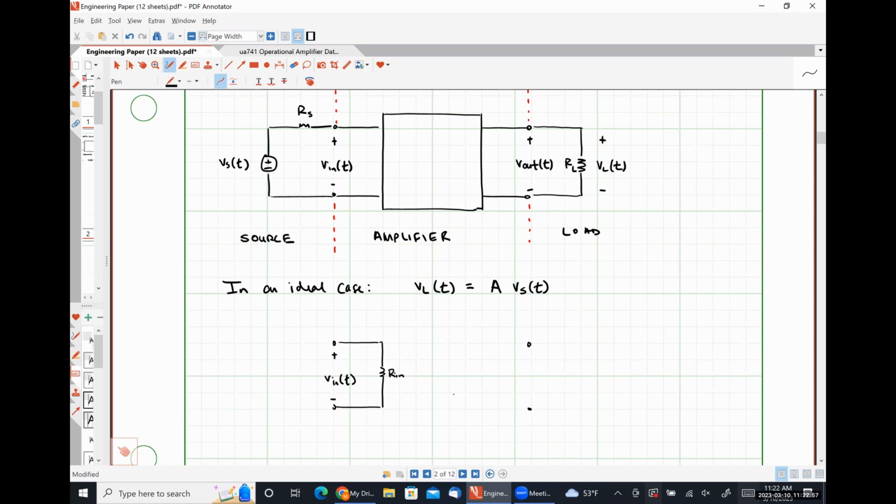And then we're going to also see some resistance because it's a Thevenin equivalent circuit. We're going to see a voltage source in series with a resistance. Okay. So we're going to call that resistance our output resistance, R out.